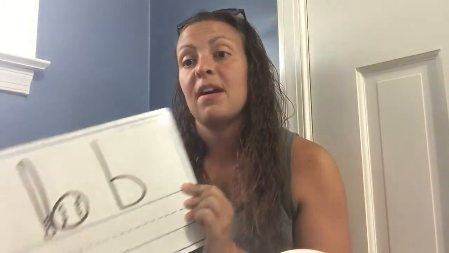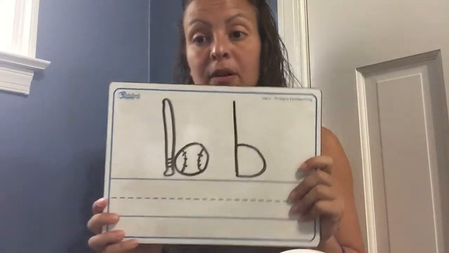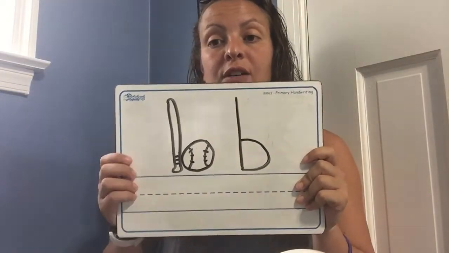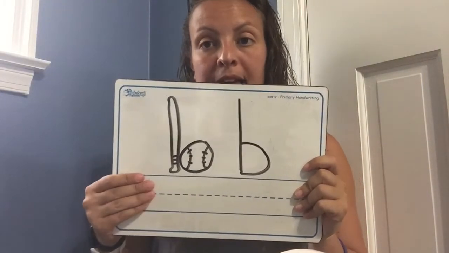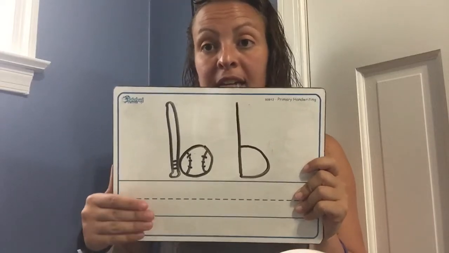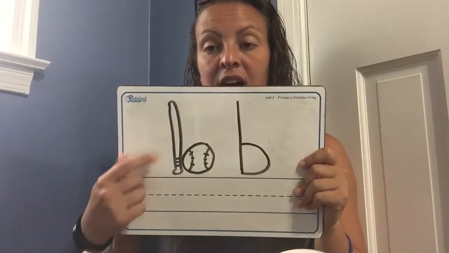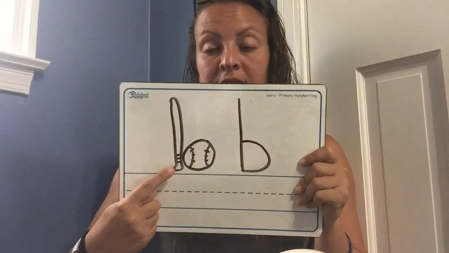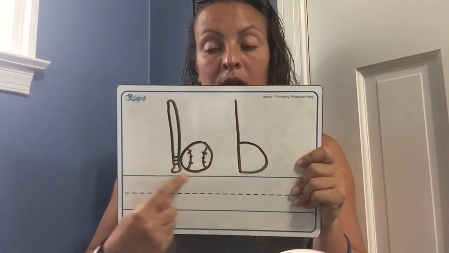Okay, now I want you to think, before I show you the picture, about a sport that begins with B. So this sport begins with B. The sport I'm talking about is baseball. So when I'm trying to figure out how to write a B to make sure that it is a B and not a D, I always say the bat and then the ball.